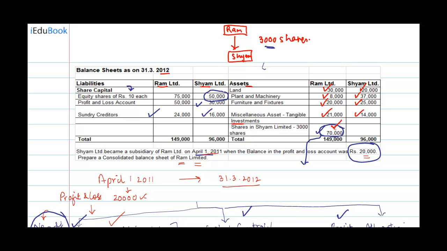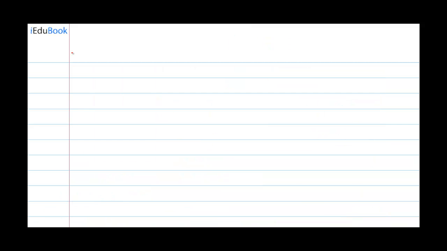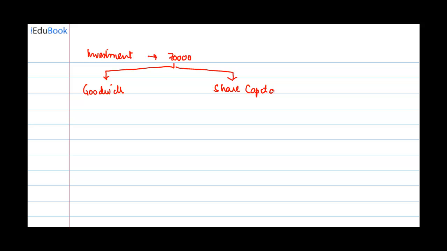Now this investment of 70,000 has been broken down into two parts. One is the goodwill and the other is the share capital. Please note that every debit or credit entry has an equal and opposite impact by means of another.